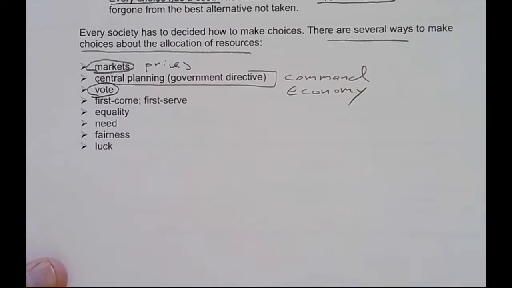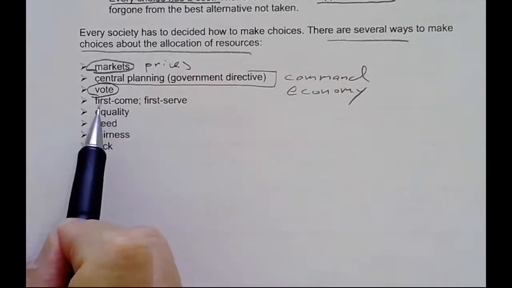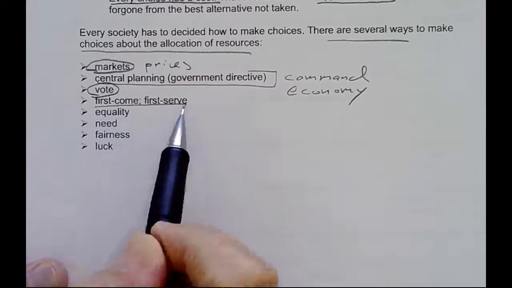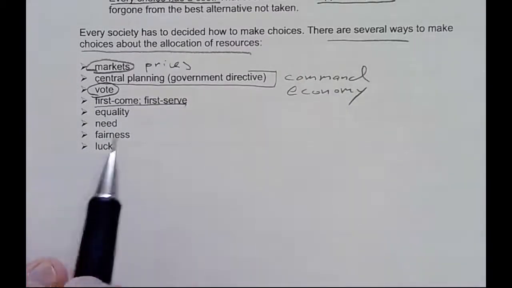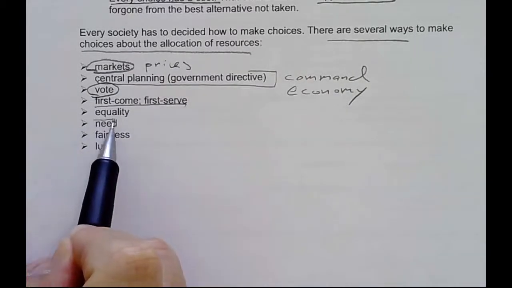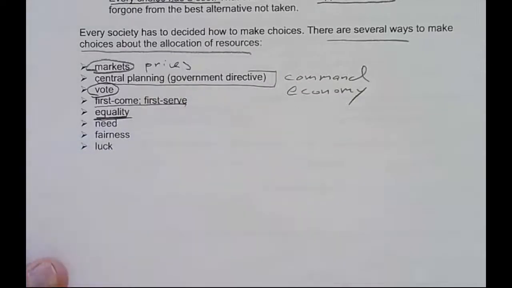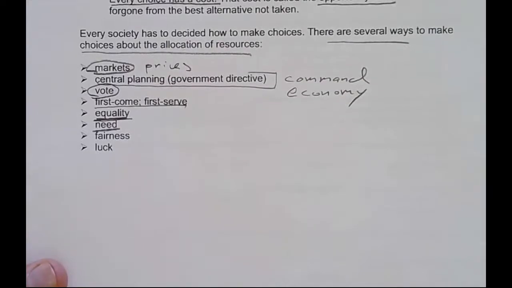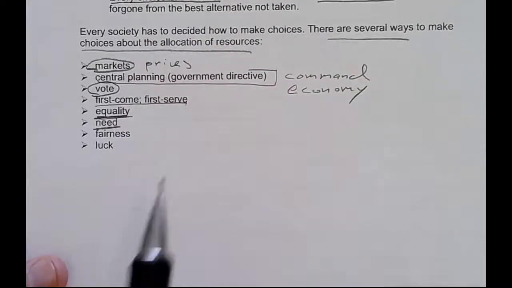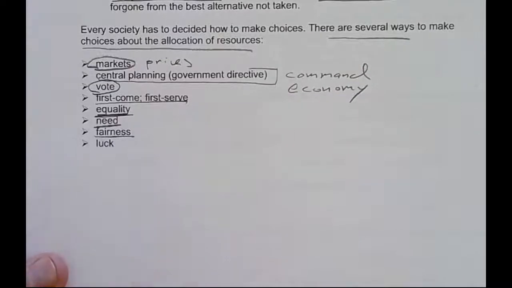We can decide things based on first come, first served, a line mechanism, wait lists for classes at Chafee. We can decide things based on equality, making things equal for people. Maybe need. Those in need, we help them out with financial aid for college, housing subsidies. Fairness. Make the society fair in the sense that everyone has an equal opportunity.